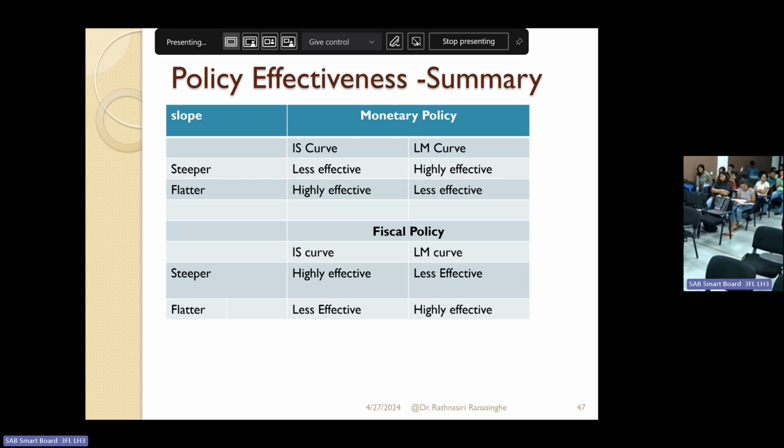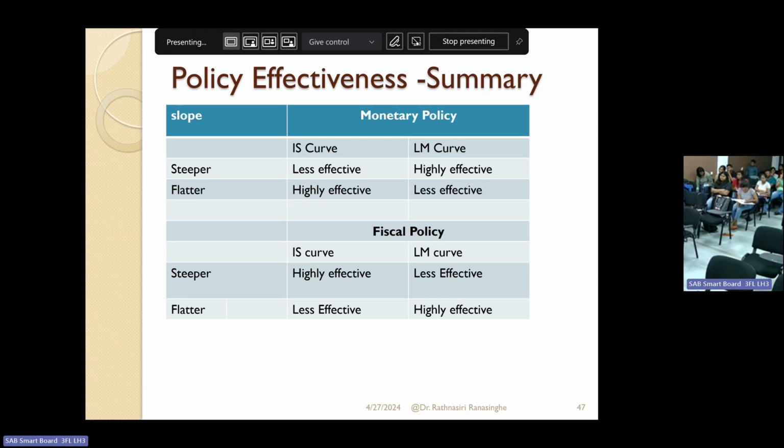Now, which one is more effective? The one with less crowding out. Here we have a high crowding out effect compared with this; here there is a low crowding out effect.